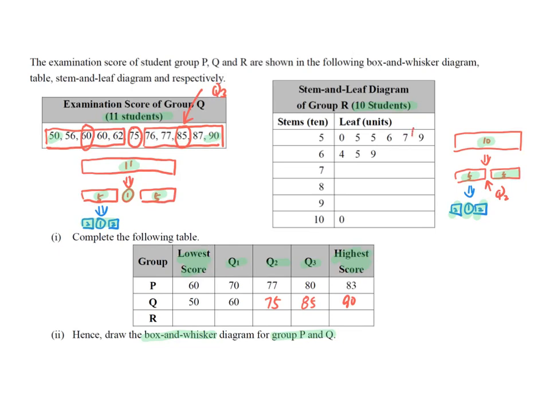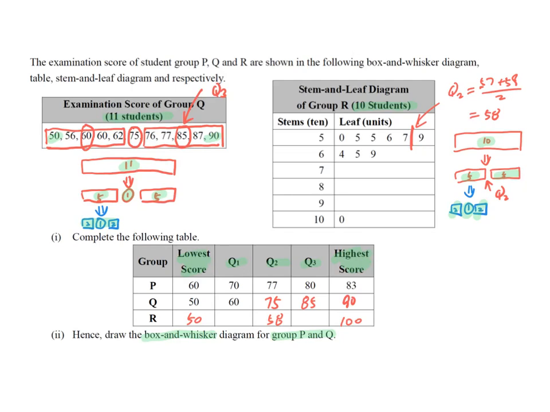To find our Q2, we add up the 2 numbers and then divide by 2, which means take an average of the 2 numbers. We got 58.